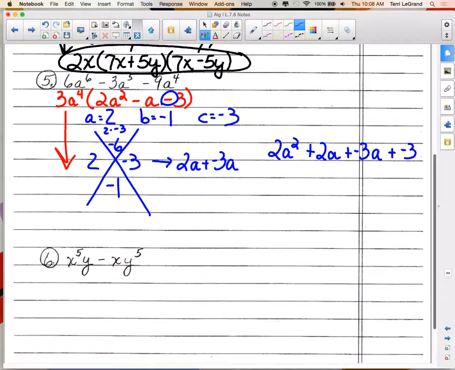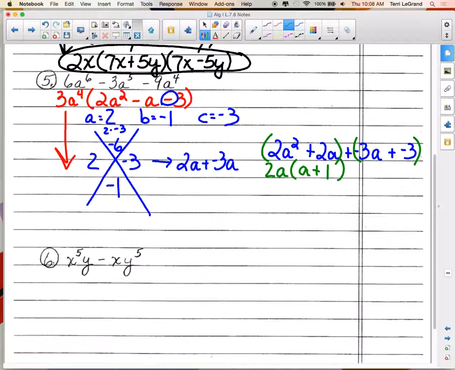So many things to remember. Make our groups. What's the GCF of the first group? 2a. The resulting factor? A plus 1.